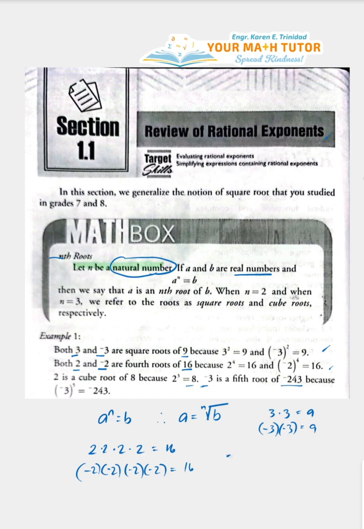So that's negative 3 times negative 3 equals positive 9, times negative 3 is equal to negative 27, times negative 3 is equal to positive 81, times negative 3 is equal to negative 243. So the fifth root of negative 243 is equal to negative 3.